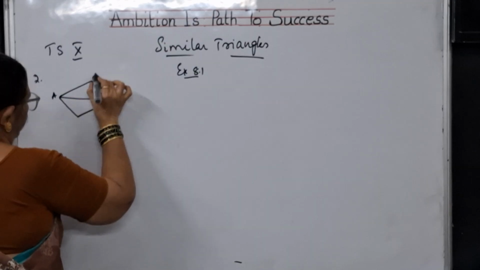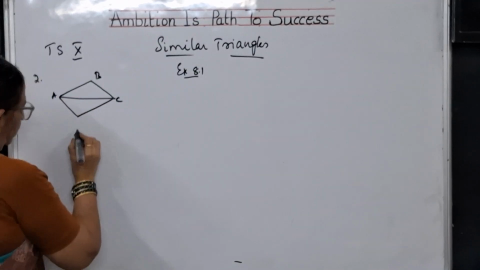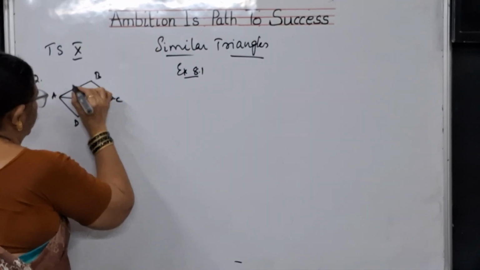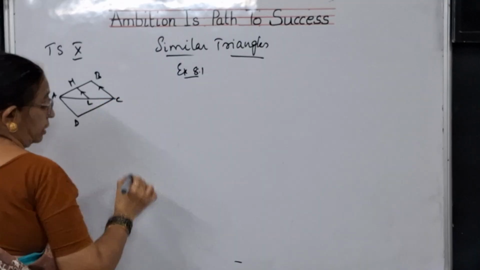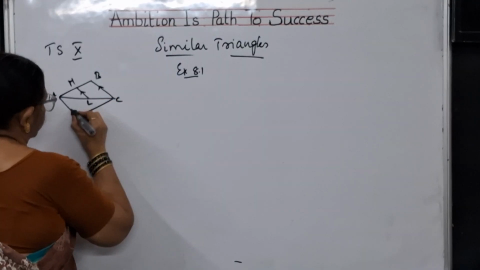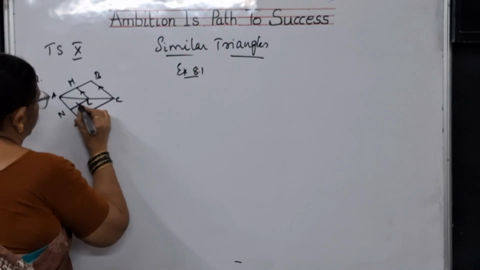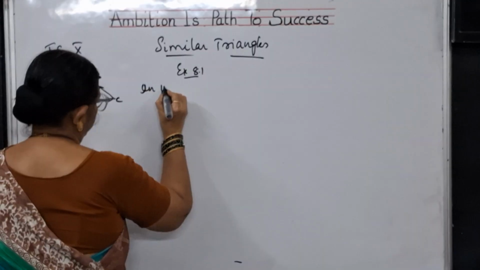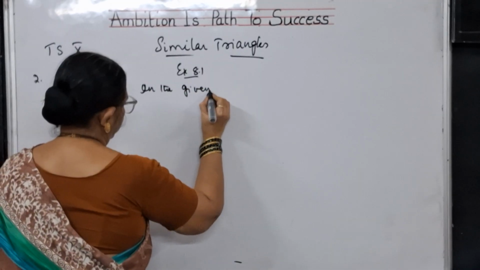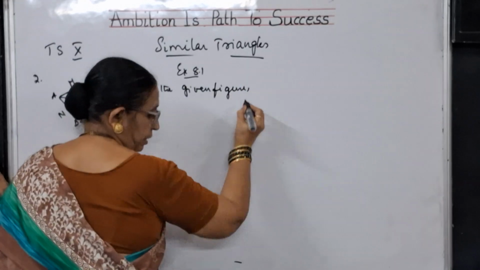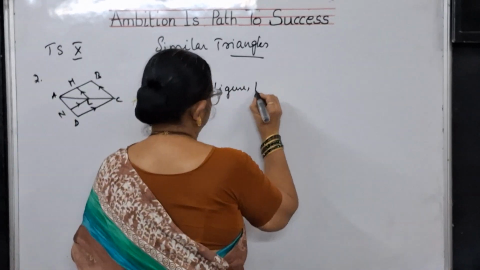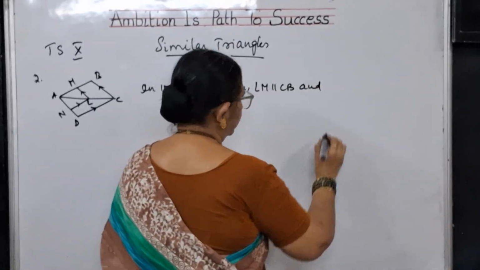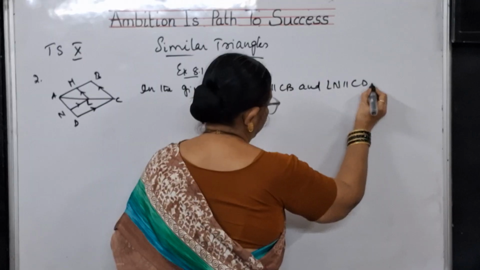This is A, B, C, D, and you have got L, M. Okay, and then L, N. Now, in the given figure, LM is parallel to CB and LN is parallel to CD.